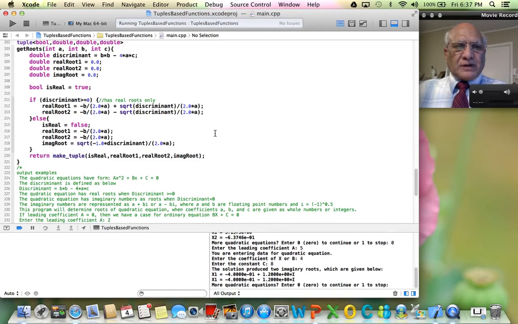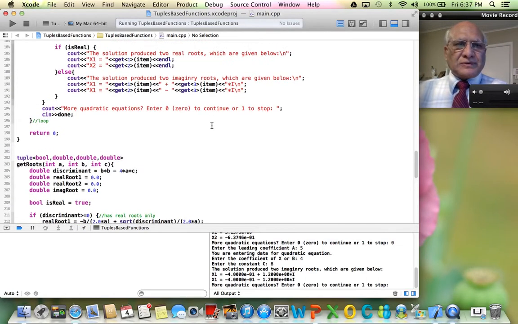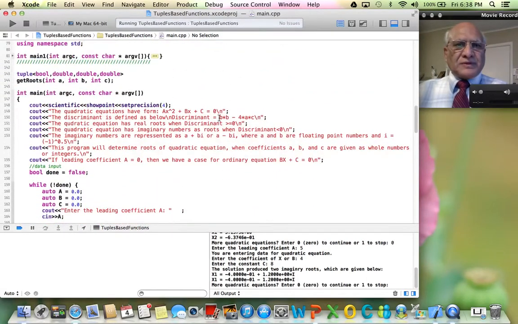Okay. And I will put this source code into my blog, and I will provide a link to that also in the video so that you'll have the entire source code. This was, by the way, run in Xcode. Hopefully it will run in Visual Studio 2012. But as I have said before, Visual Studio 2012 is not fully compliant with C++11.